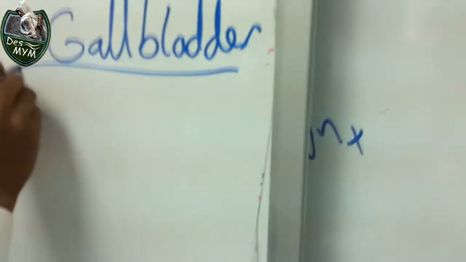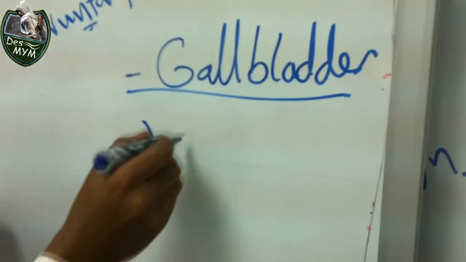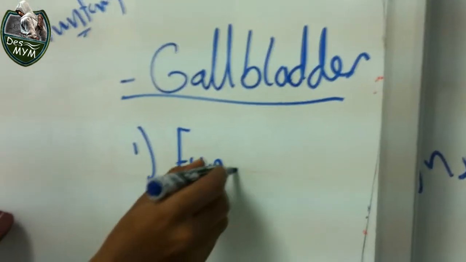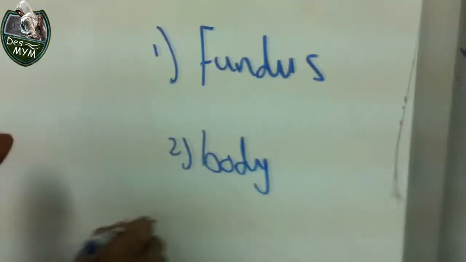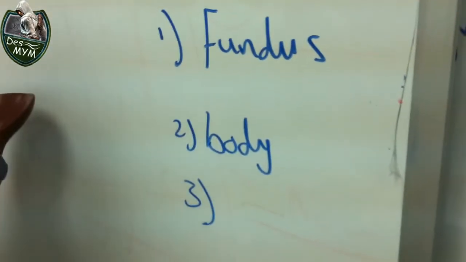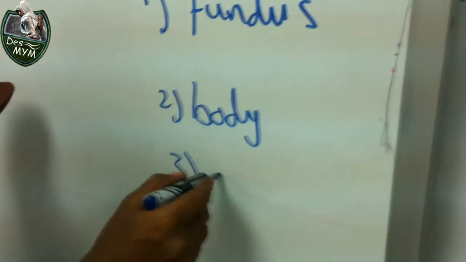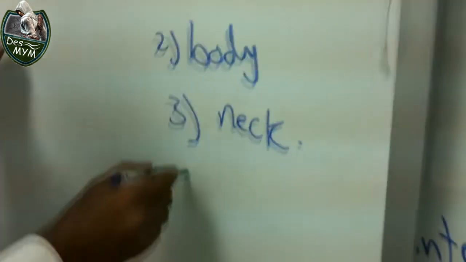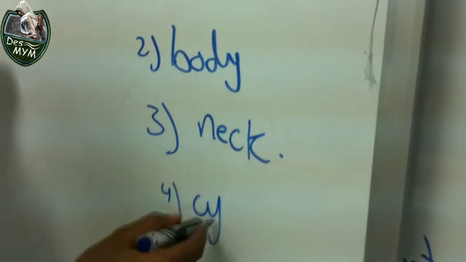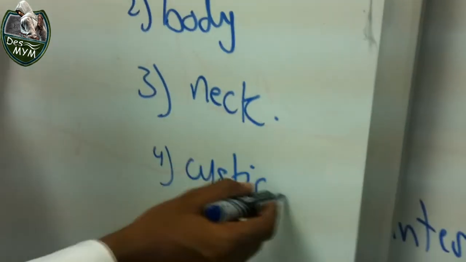The gallbladder consists of fundus, body, and neck. Arising from it is the cystic duct.